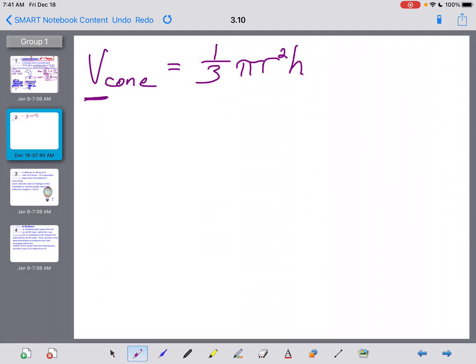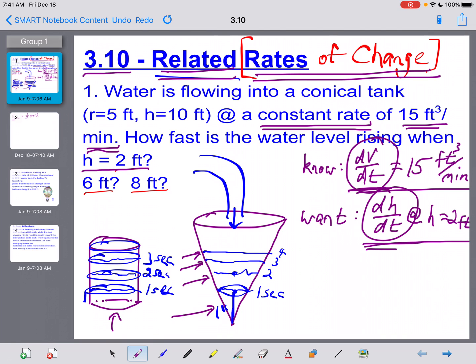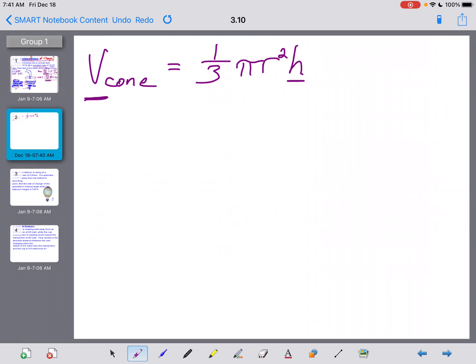We are trying to find dH dt. So I am fine with that H being there. The problem, everybody, is the R. If I tried to differentiate or do anything with this equation right now, I would need to know the value of R, or eventually the value of dr dt. I don't know that. I don't want to know it, so that's a problem.